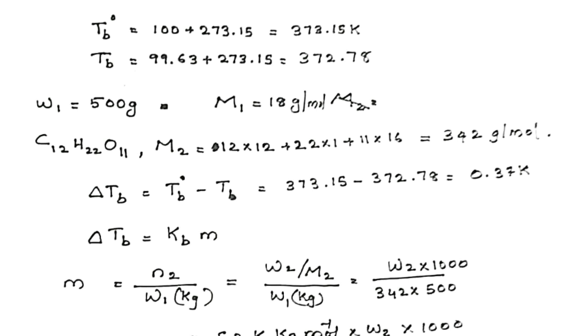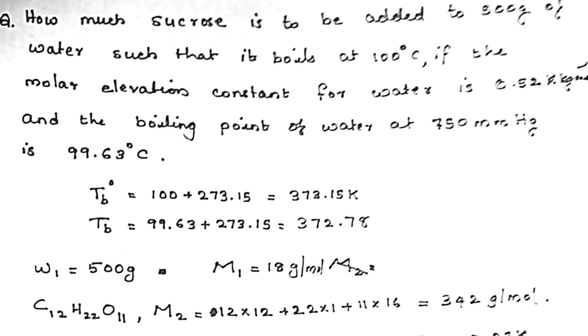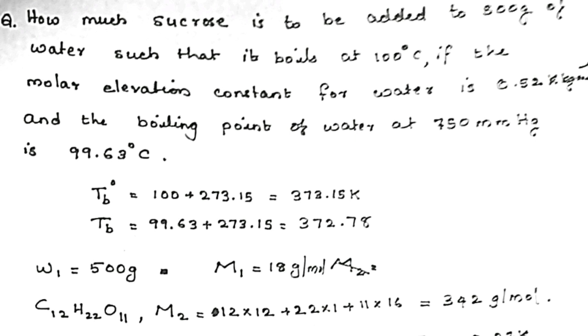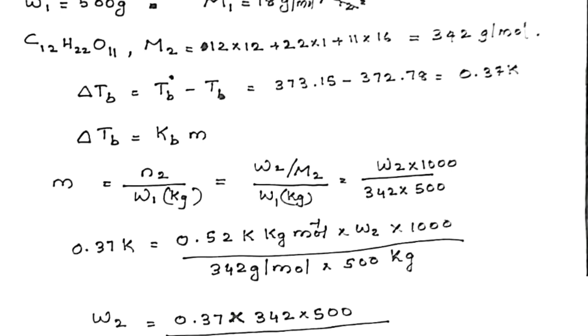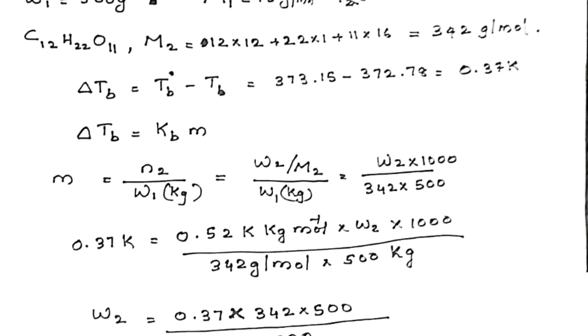W1 is given here as 500 gram, you have to change that into kilogram, so 500 into 10 raised to minus 3, or we can divide 500 by 1000. So the denominator divided by 1000 will come in the numerator. So molality M is equal to W2 into 1000 divided by 342 into 500.